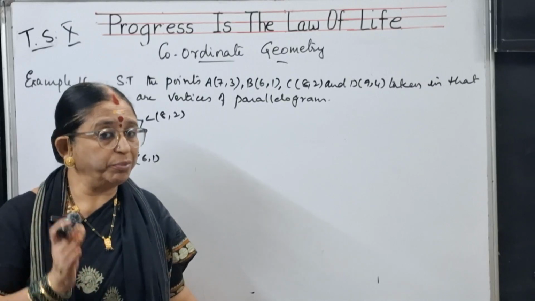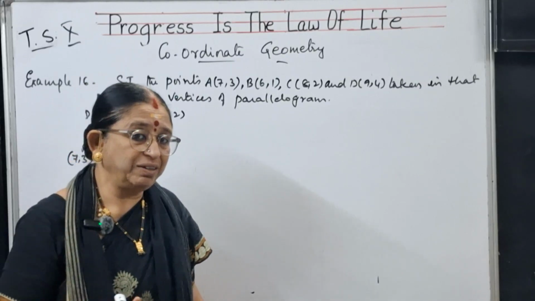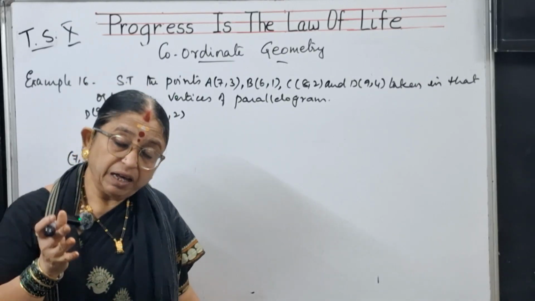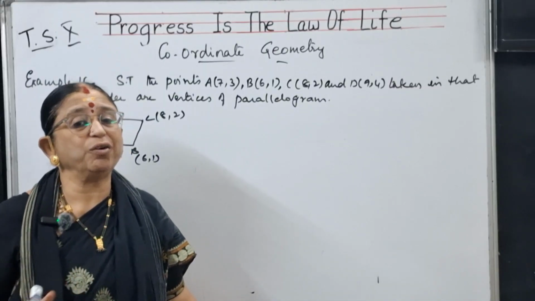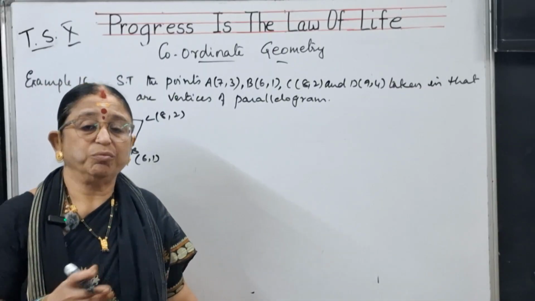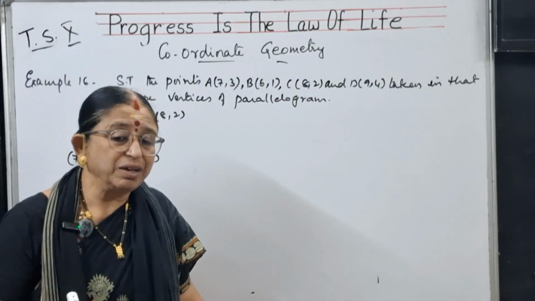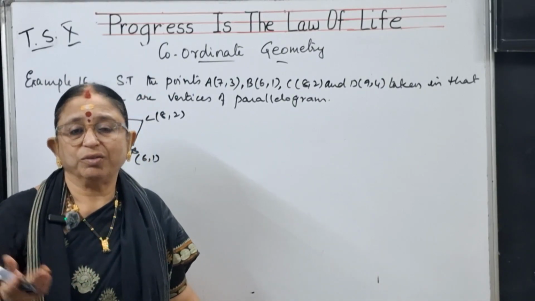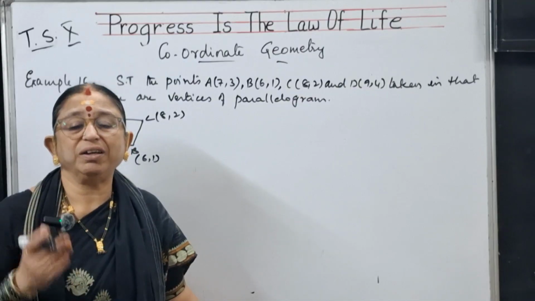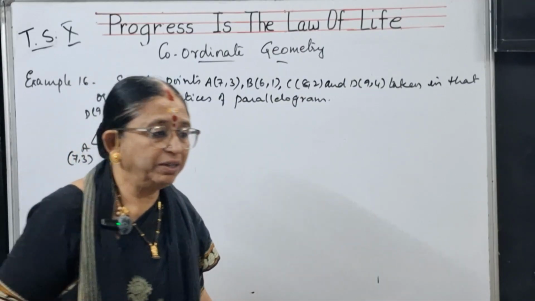So parallelogram properties are: opposite sides are equal and diagonals bisect each other. We will use diagonals bisect each other here, because bisection means the point goes through the midpoint of the two line segments. So the midpoint formula is very easy. So we will do this problem in that way.